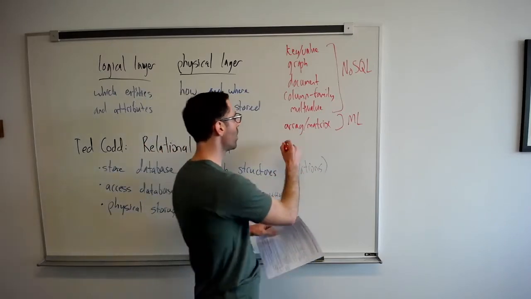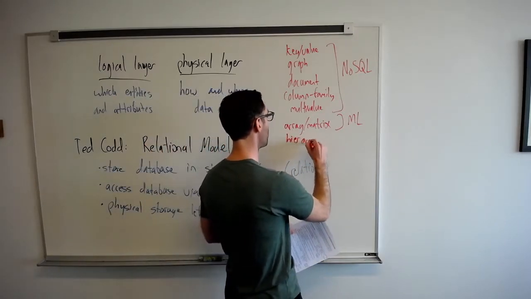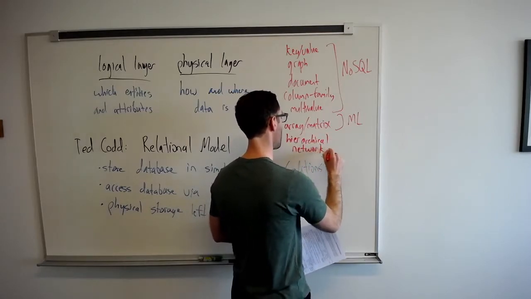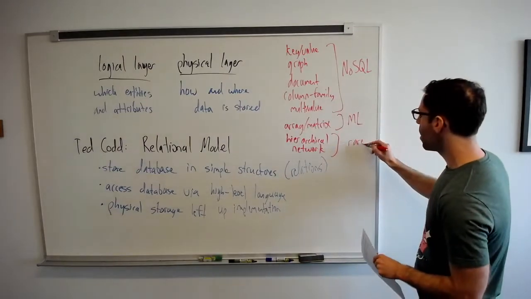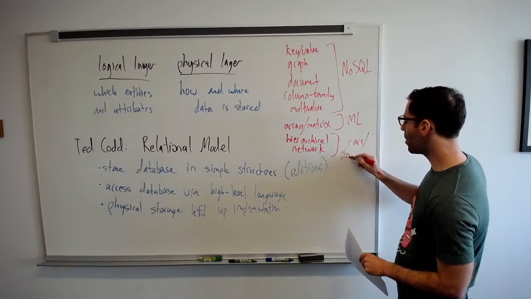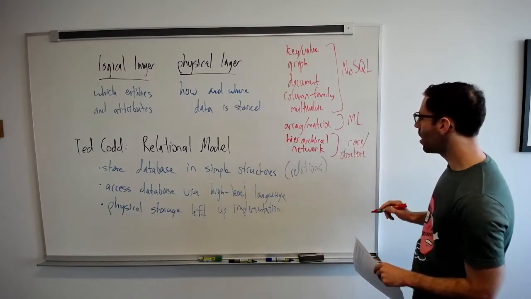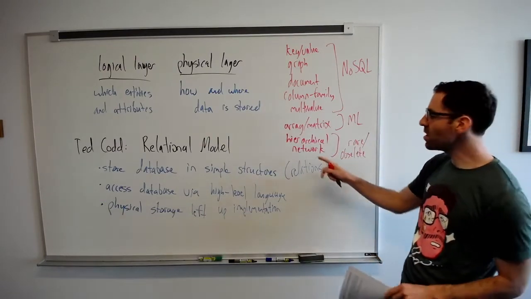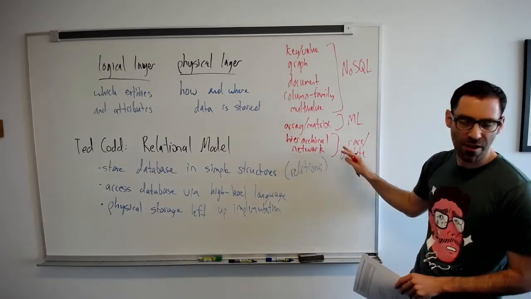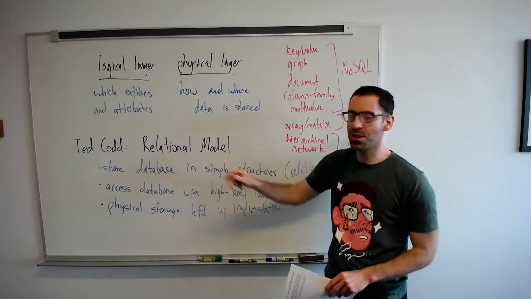And then there are a couple others, called hierarchical or network, and these are rare or obsolete. These are precursors to the relational model, and have basically been entirely supplanted by the relational model.